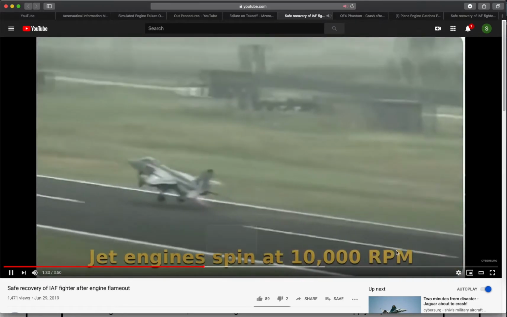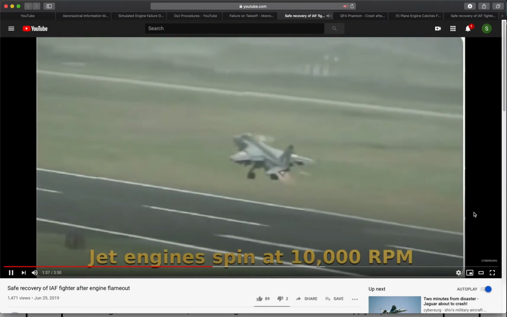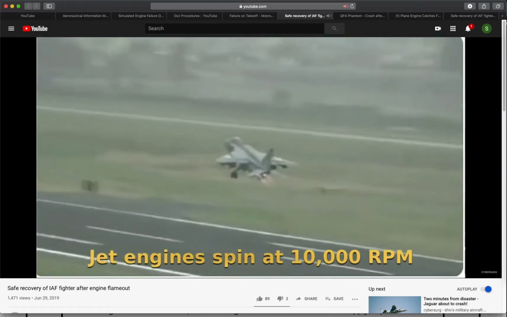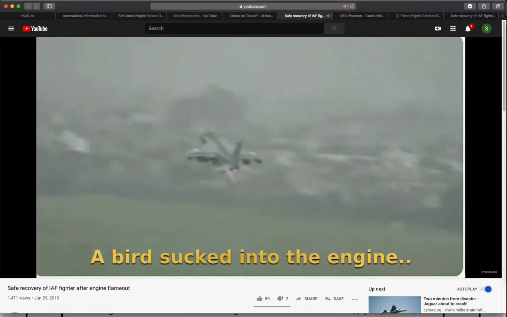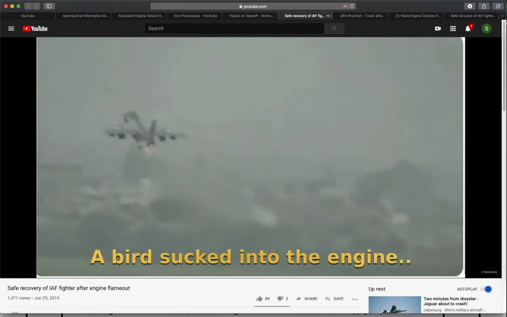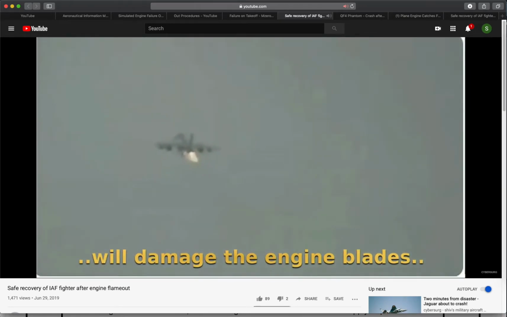You can watch it here in slow motion. Here the Jaguar is taking off with flame from afterburners coming from its exhaust. As it gains height, a flock of birds is seen. Suddenly, one of the birds enters one of the engines, and the engine flames out with a massive flame coming out from the right engine exhaust.